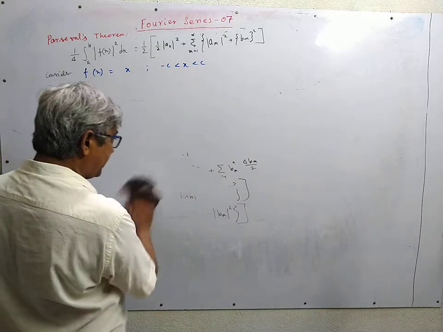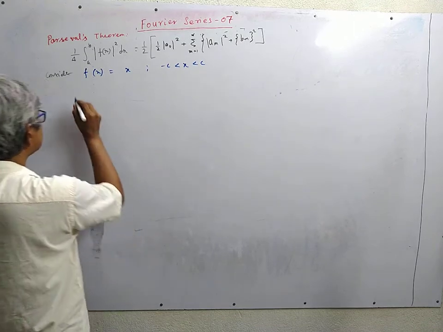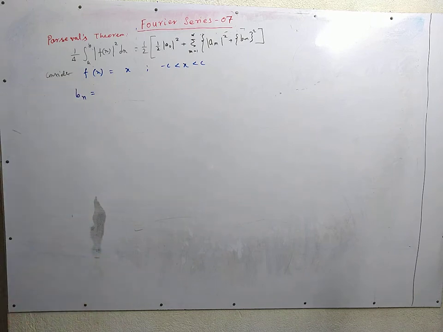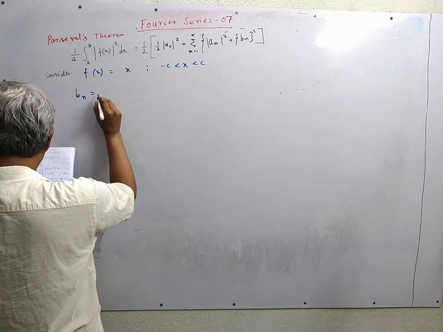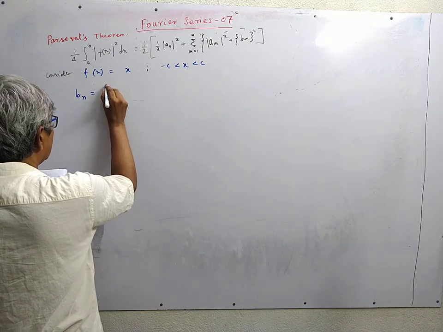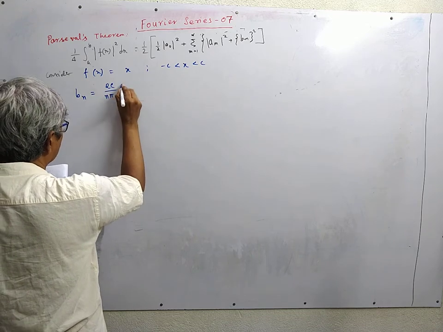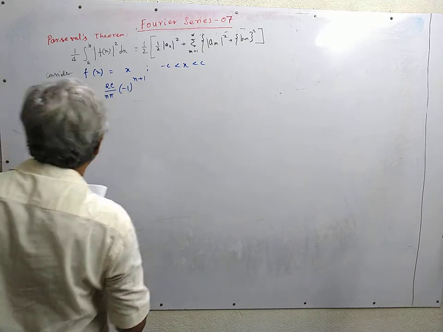We used this function earlier, and as this is odd, Bn has to be calculated, and the value of Bn was 2c by n pi times minus 1 to the power n plus 1. This is Bn.